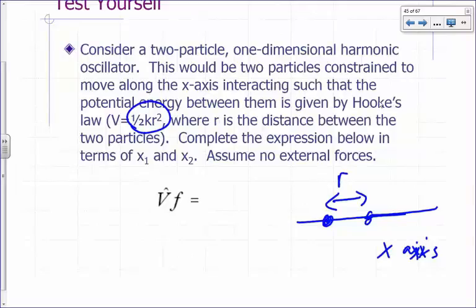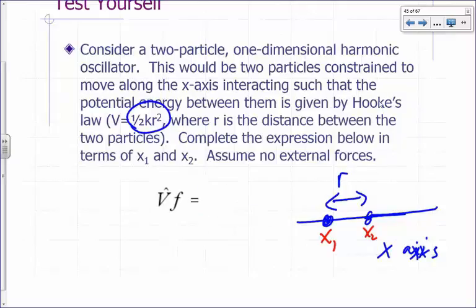Okay, and the distance between them is what? Let's say particle 1 is located at x1, particle 2 is located at x2. What is the distance between them? Absolute value of x2 minus x1, right? Okay, so absolute value of x2 minus x1, that's your distance, that's your r, right?